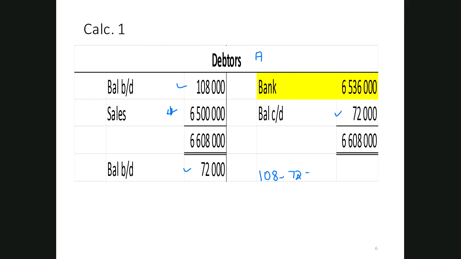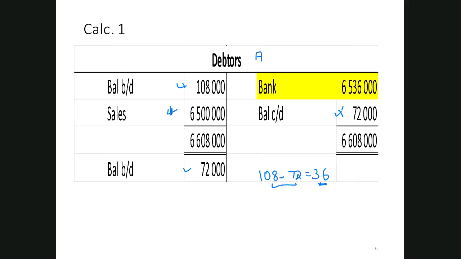That basically means the debtors balance reduced by 36,000 from the beginning to the end of the year. So what we can say, therefore, is that we would have received 36,000 from our customers during the year because the amount they owed at the beginning was higher than the amount they owed at the end. So they must have paid us 36,000.